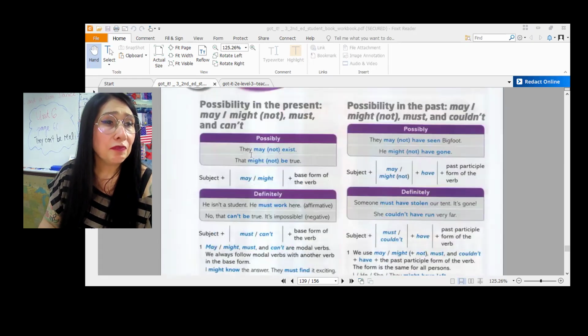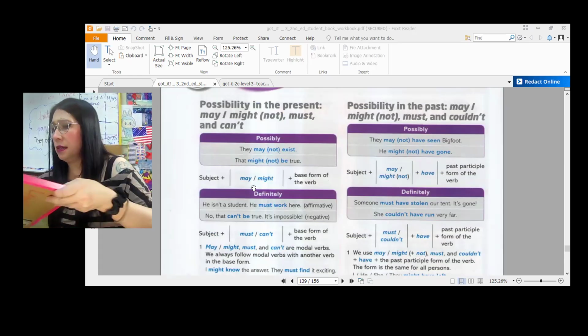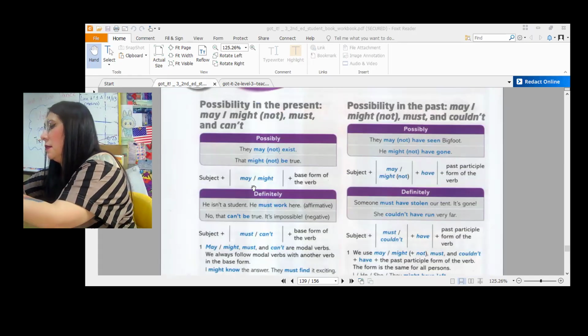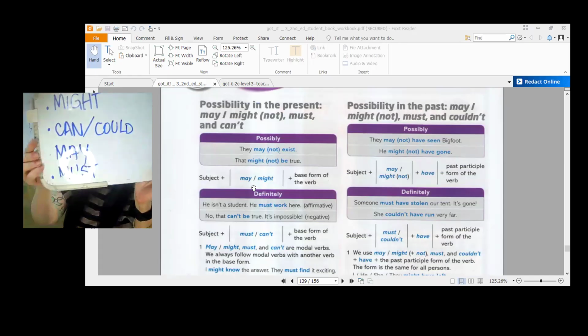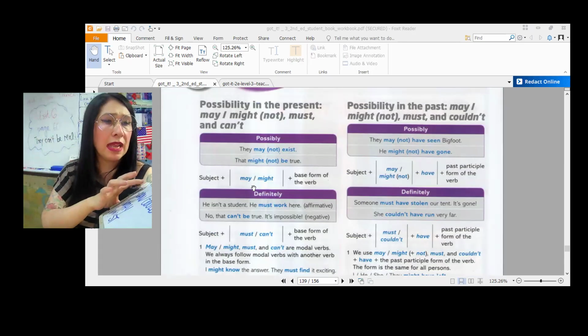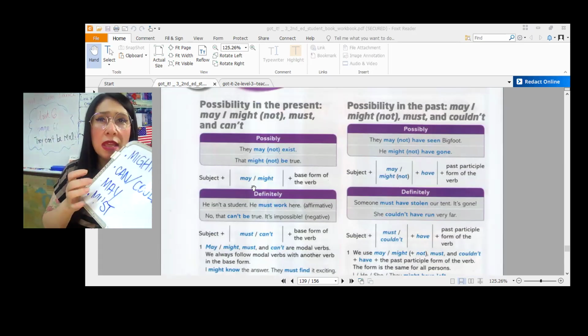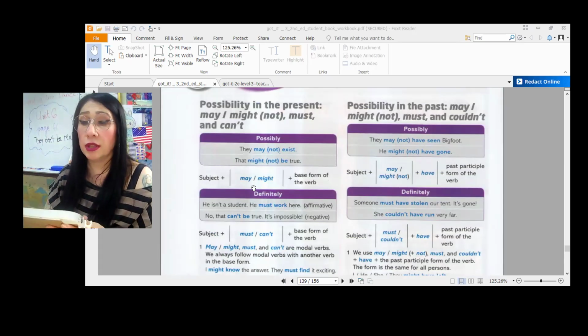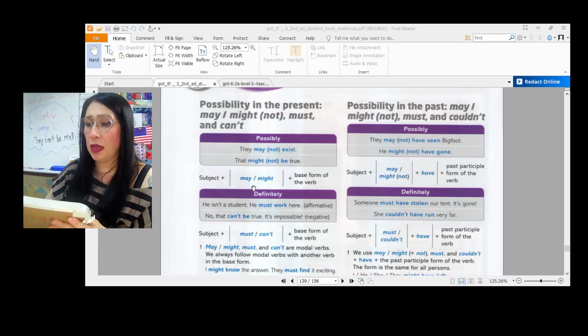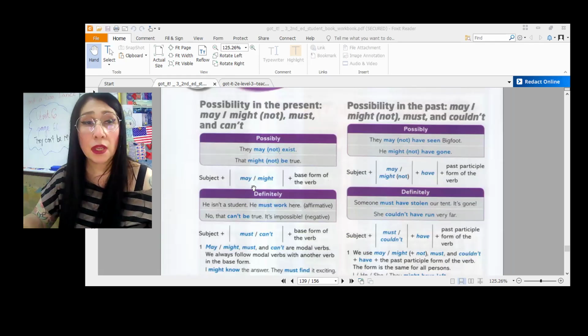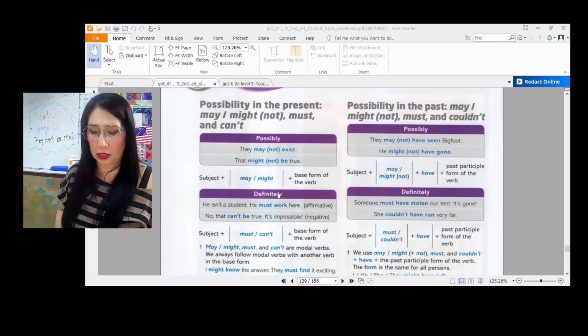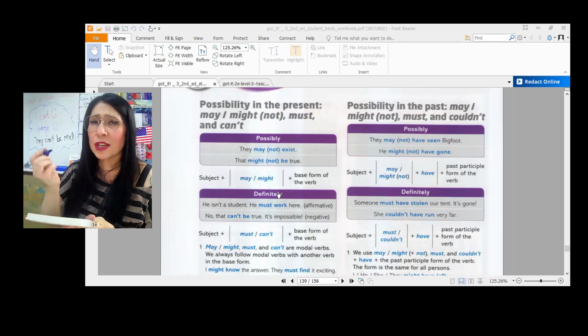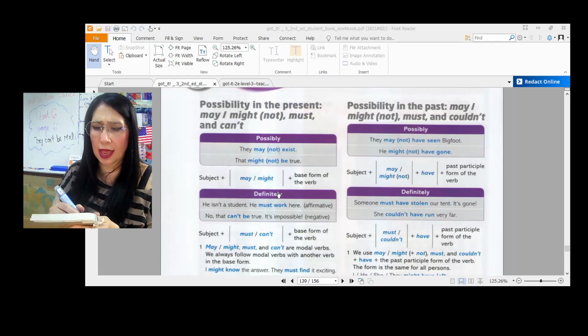Folks, see, we have here these 4 modals. So might and may are together. Let me group them the way that is gonna be easy. Actually, I'm gonna draw a scale.